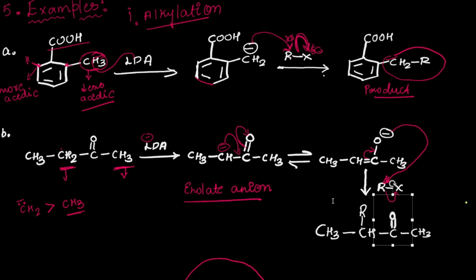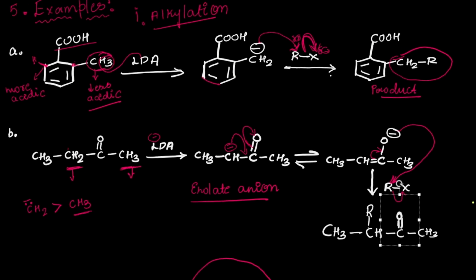In the enolate ion, you can see that there are acidic protons at two positions, at this CH2 and this CH3. But as we studied in the last lecture while studying N-bromosuccinimide, I explained the reactivity order, that methylene is more reactive than methyl.